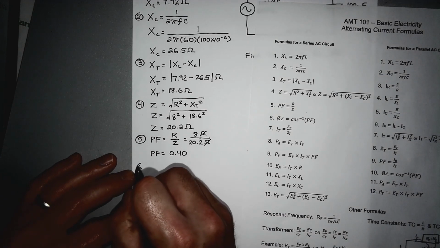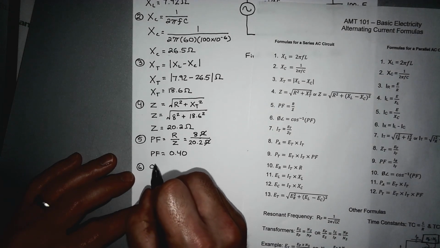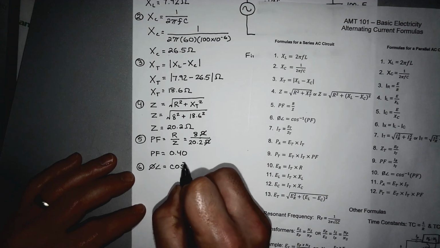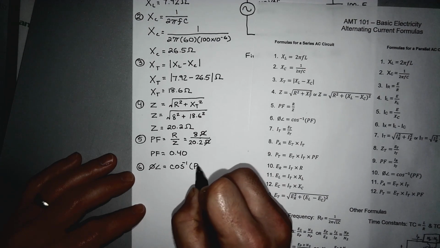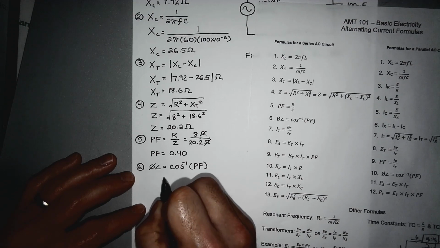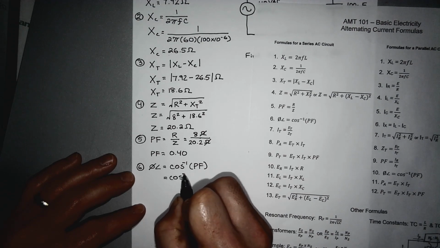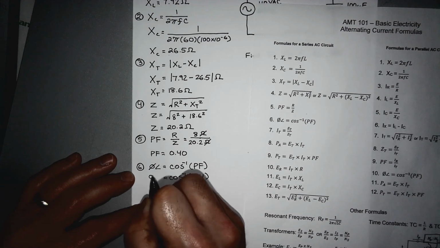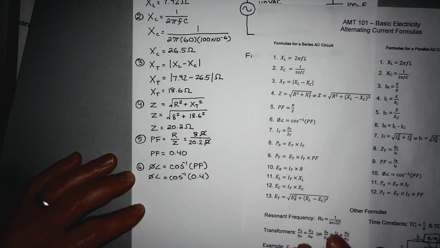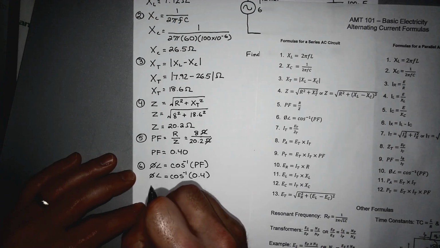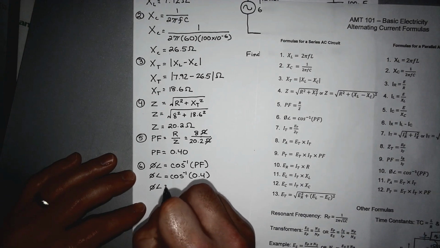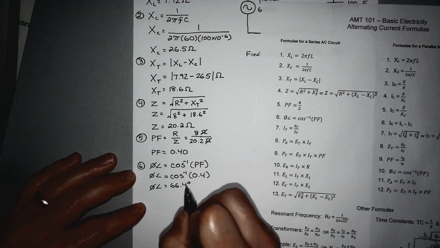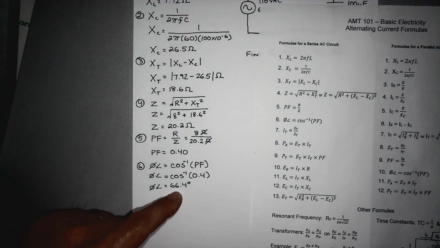Throwing that into our phase angle, it's going to be the inverse cosine of our power factor. So the inverse cosine of 0.4 comes out to be 66.4 degrees. All right, and that's our phase shift.